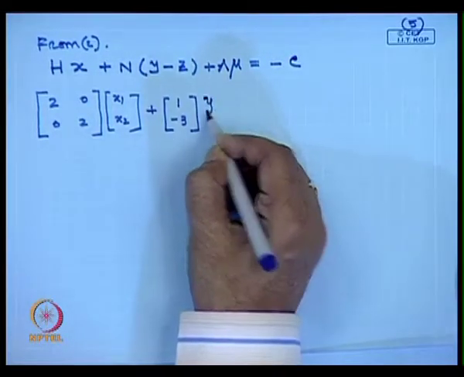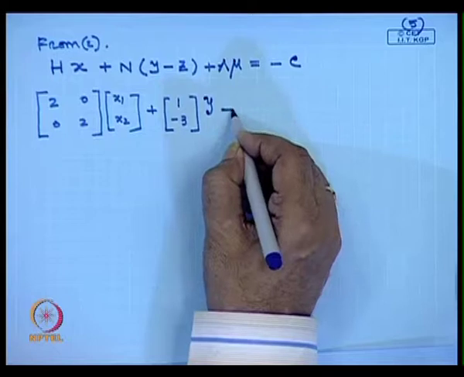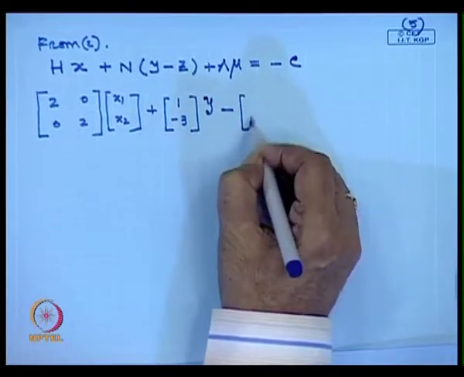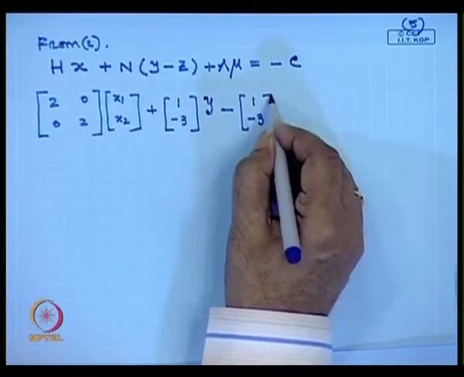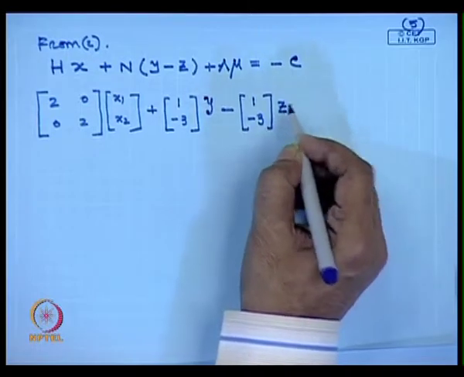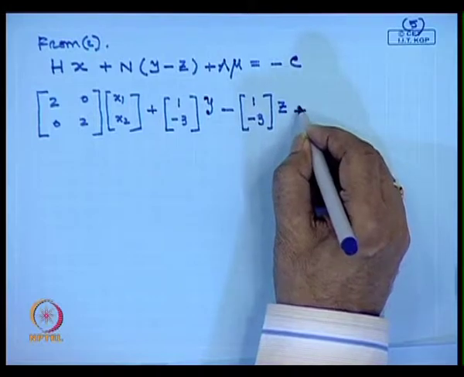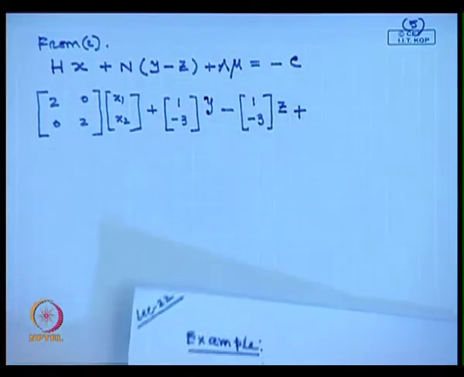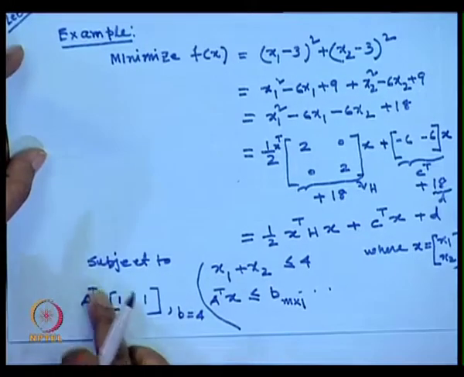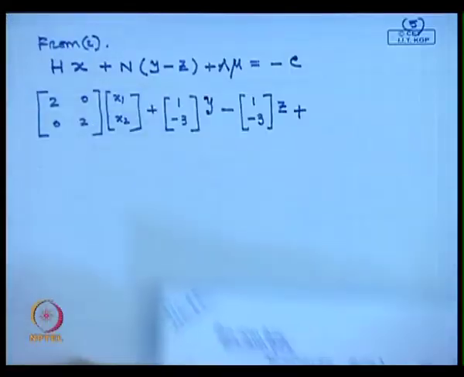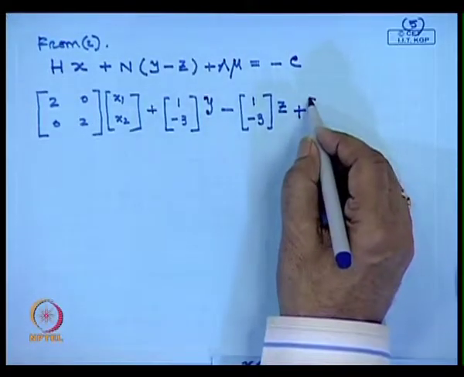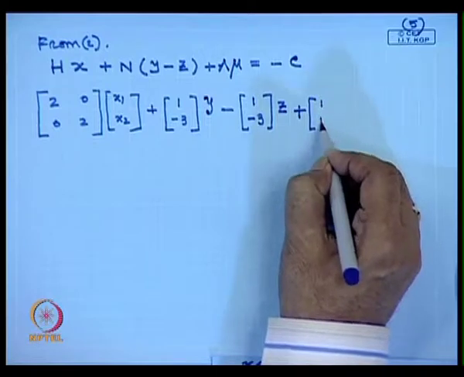So I can write y, then minus 1 minus 3 z, whose dimension is 1 cross 1, because we have only one equality constraint. And the A matrix, you see, A transpose is 1 1, so it will be a column vector 1 1.